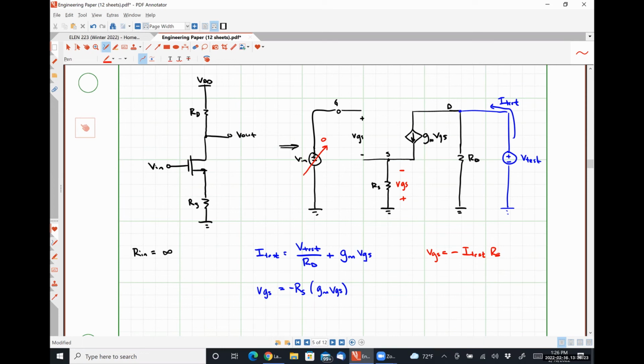So if we were to assume VGS to be 0, our output resistance would just be RD. But why would we make that assumption? Because there's nothing explicitly stating that this terminal is grounded out, right?